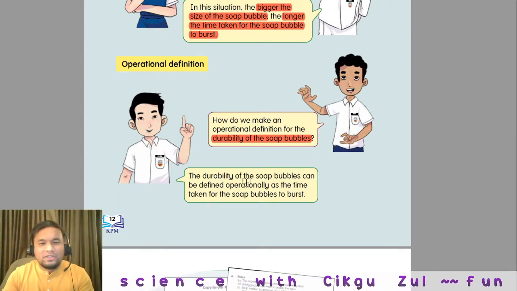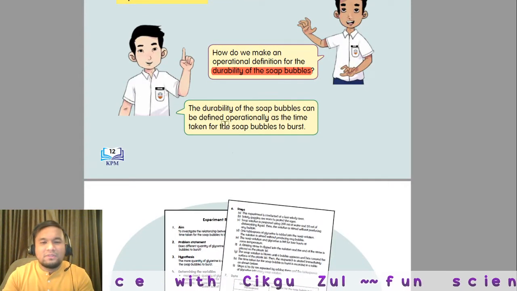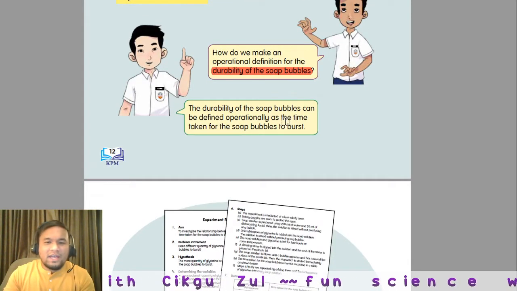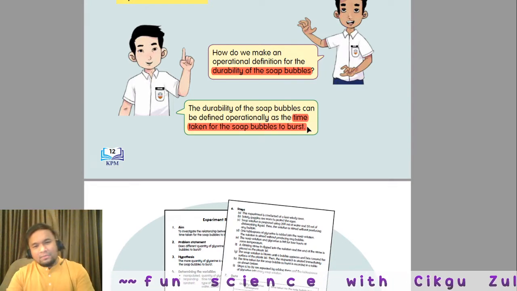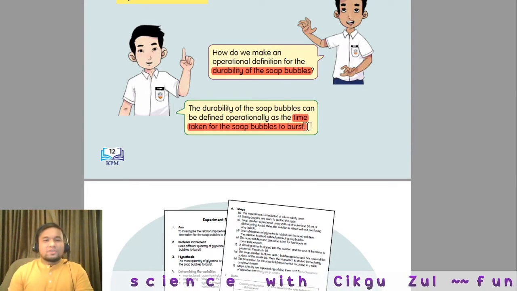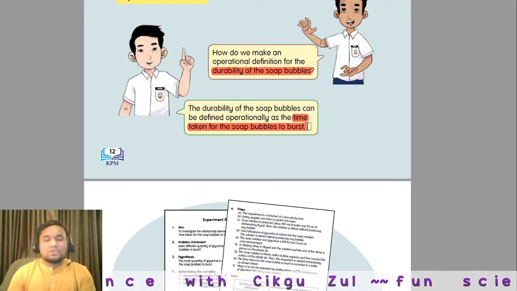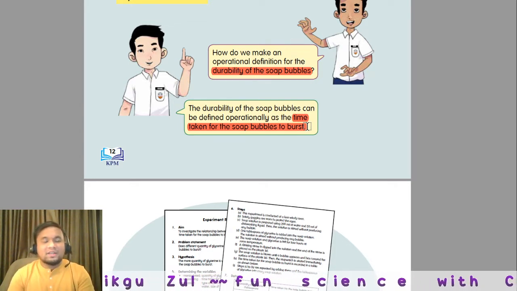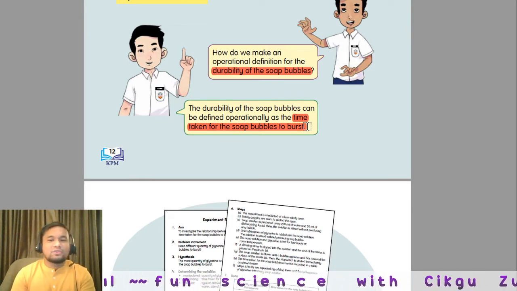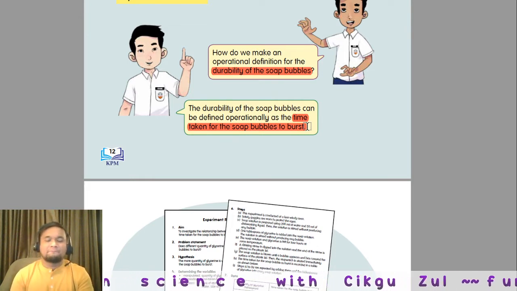So the durability of the soap bubbles can be defined operationally as time taken for the soap bubbles to burst. Maksudnya ketahanan soap bubble itu bergantung kepada masa yang diambil oleh soap bubble itu untuk pecah.